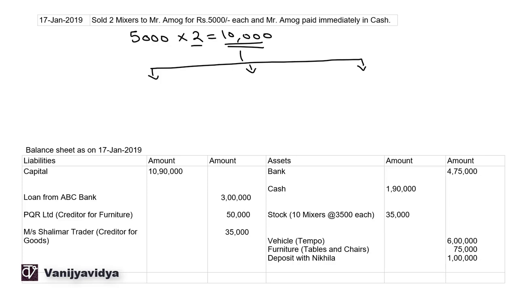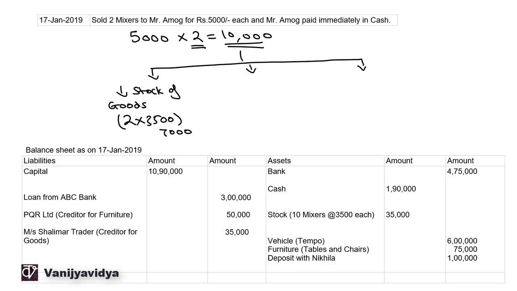Now these 2 mixers are sold for rupees 10,000. So there will be a decrease in stock of goods. So how much? By 2 mixers. So what was the cost of these mixers? See, stock is 10 mixers at 3,500 each. So 3,500 into 2 comes to 7,000. So there will be decrease in the stock of goods by 7,000.